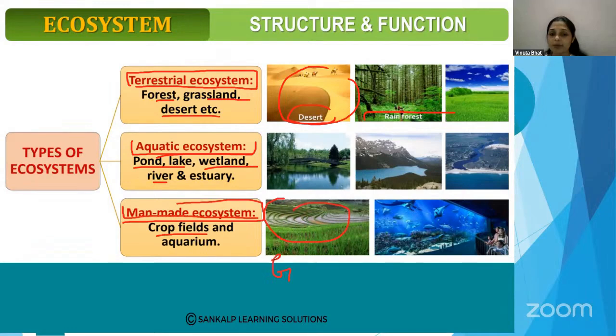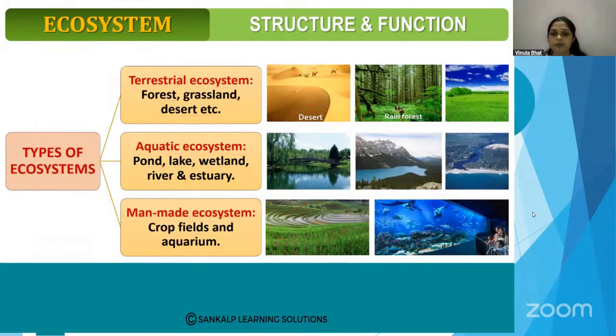That is called as man-made ecosystem. And this aquarium is the man-made ecosystem. So we can divide the ecosystem into three types: terrestrial, aquatic, and man-made.